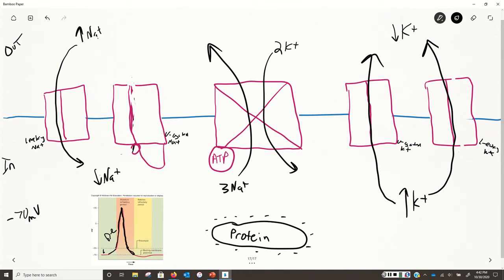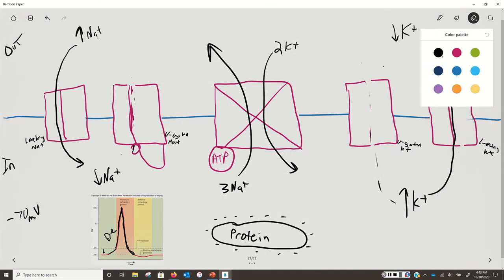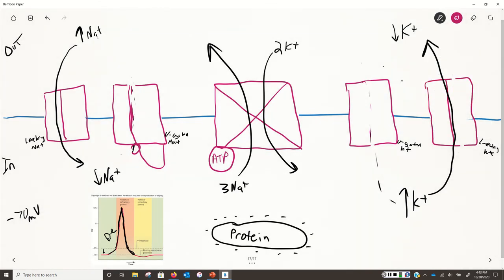Once we get to negative 70 millivolts, our voltage-gated potassium channel starts to close. But what's missing? We don't have an inactivation gate. So it starts to close, but it's a slow process. Potassium continues to trickle out, overshooting.